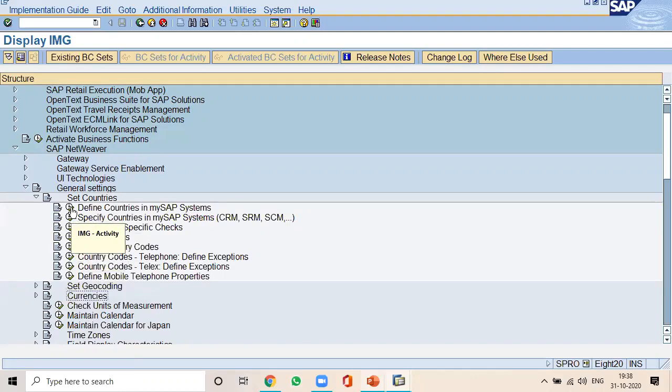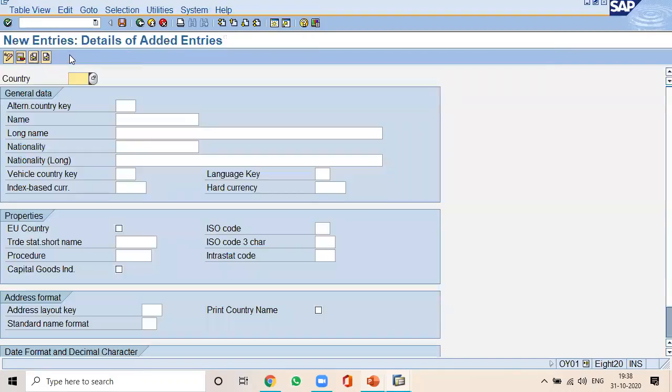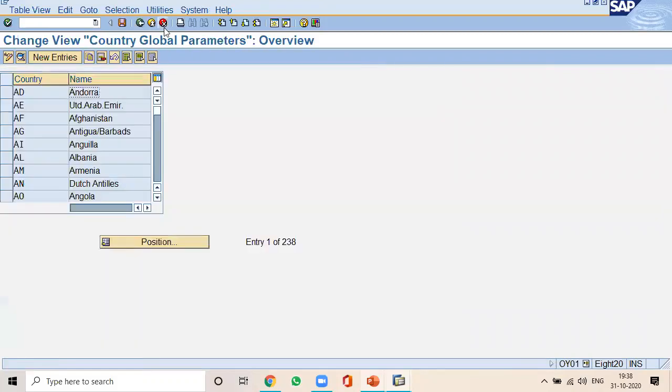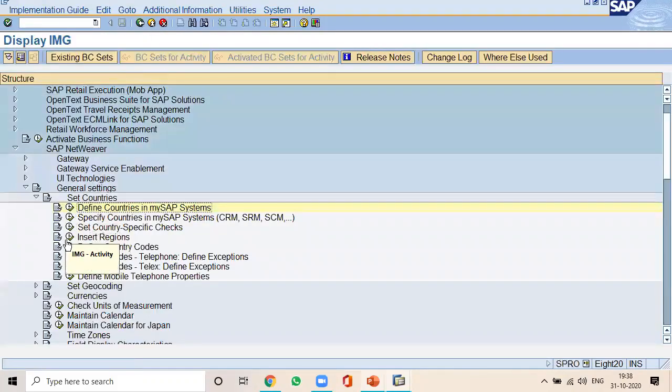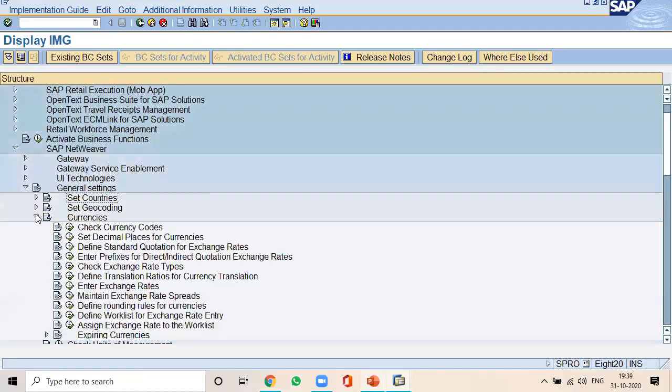I forget the path. Hard currency and index-based currency are defined at the country level.